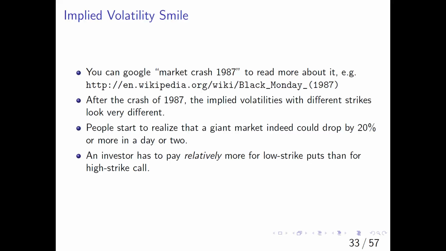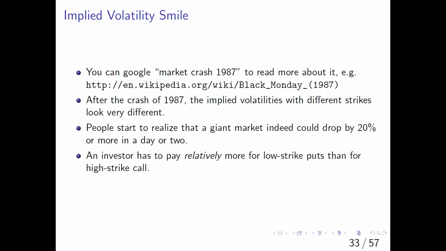After this crash, people realized that it's not rare that the market crashes. I mean, the market is down 10%. Before this 1987 crash, everyone thought it was impossible, that the market cannot drop that much within a day.